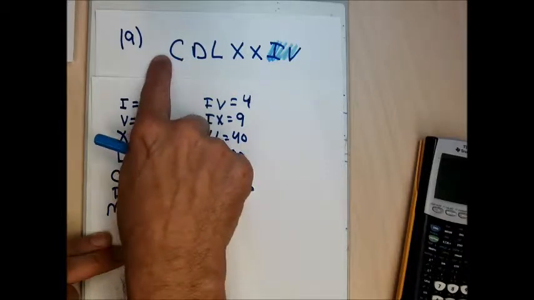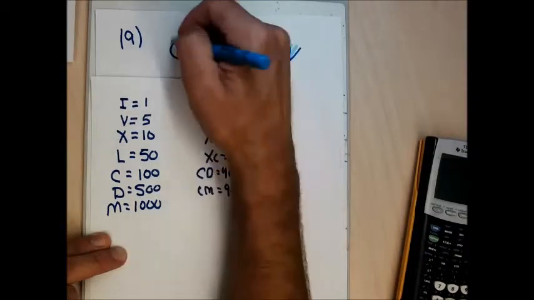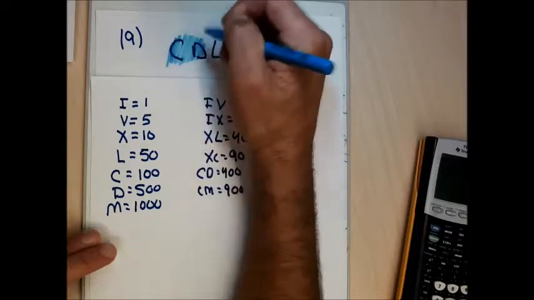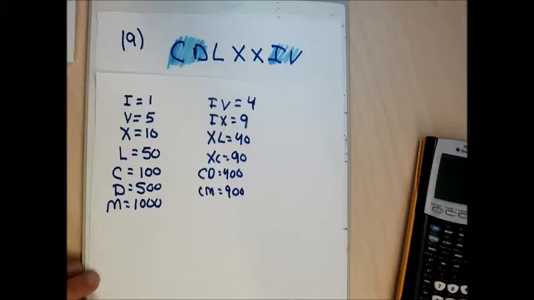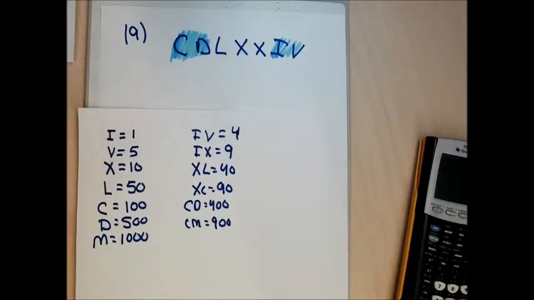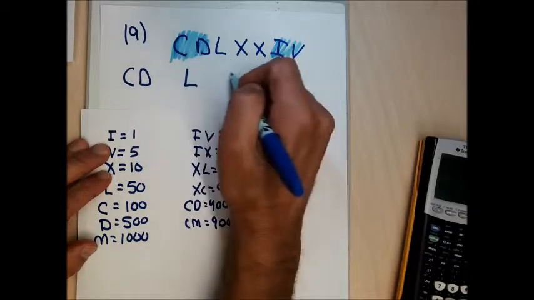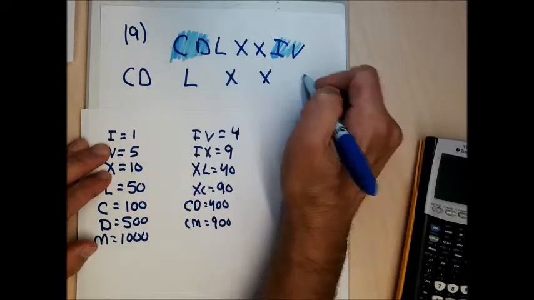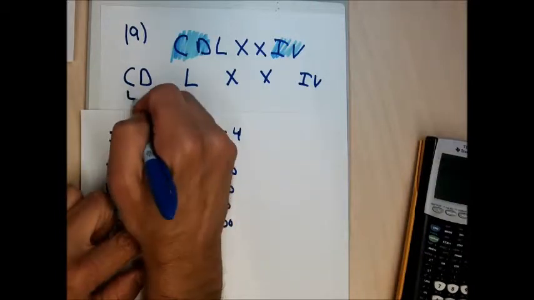There's a C, there's no X before it, so I'm not worried about that. Is there a C before a D? Yes, there is. I need to keep those together. There's no M, so that's everything I need to contend with. And now I'm going to find values for each one of these. So I'm going to find a value for a CD, an L, an X, and an IV, all on this sheet now. CD is equal to 400.